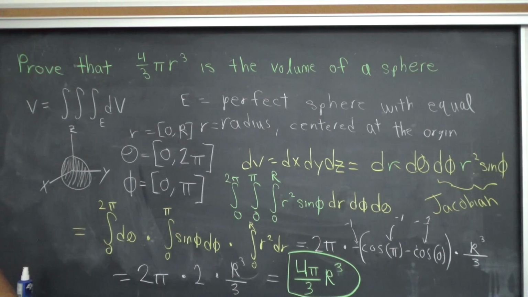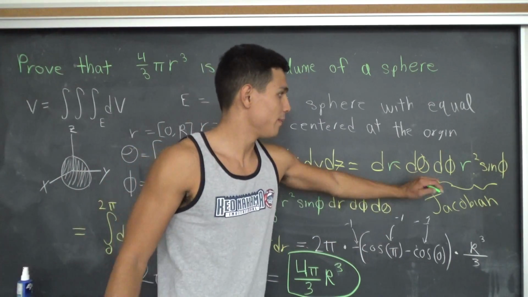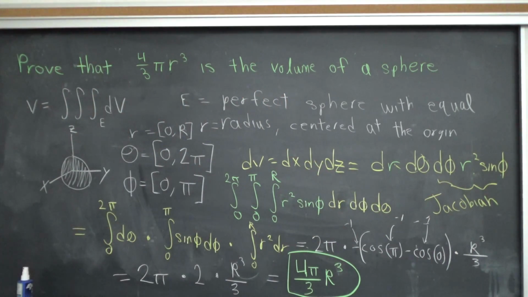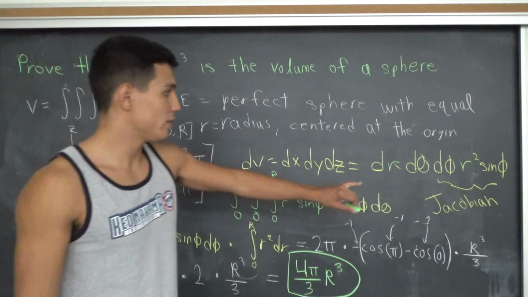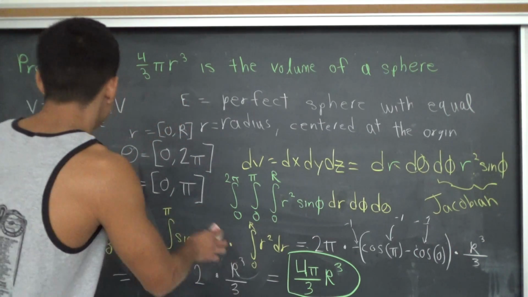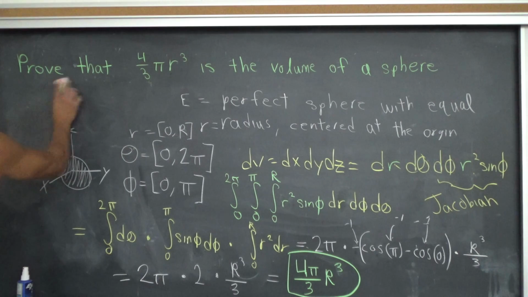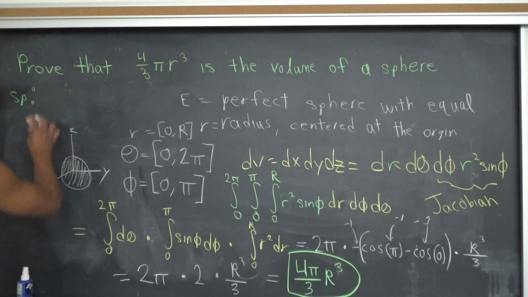Makes sense, right? The Jacobian part here, you should just know your Jacobians. If you don't, I have videos on my channel about Jacobians. Generally, you should always memorize your spherical Jacobian, and in fact, I'll write it out here, the spherical Jacobian, SPJ.